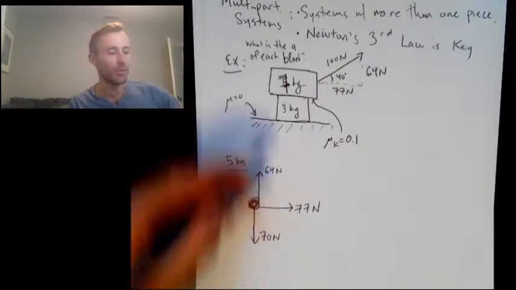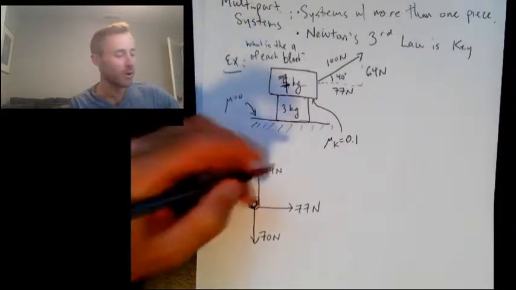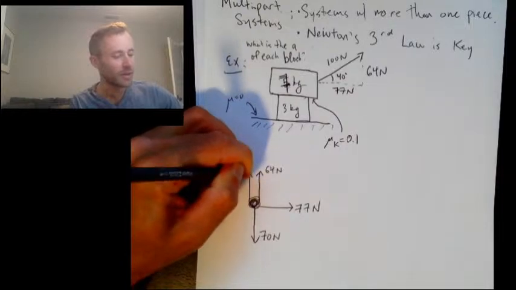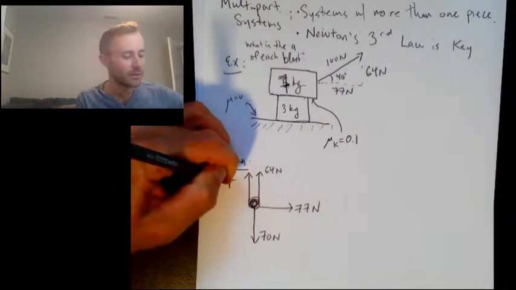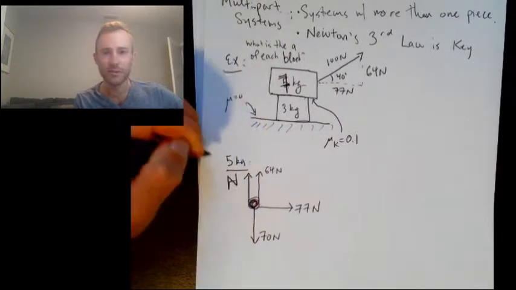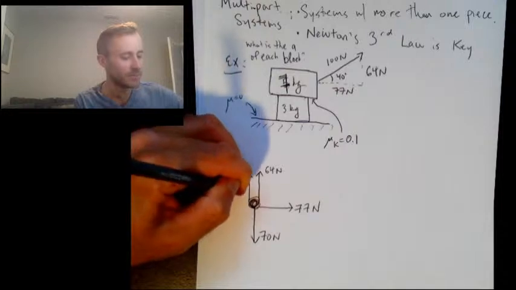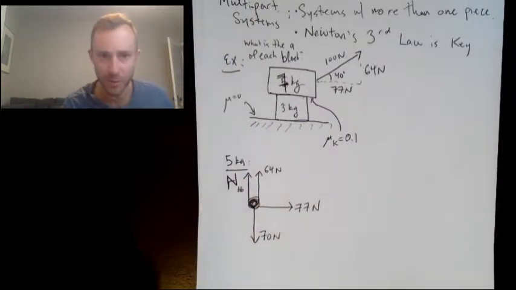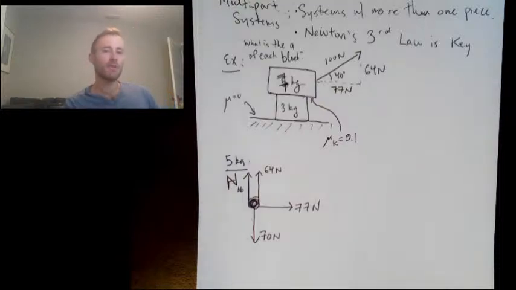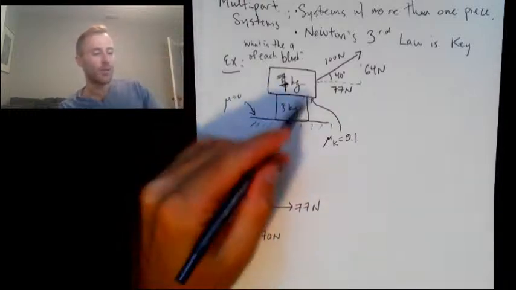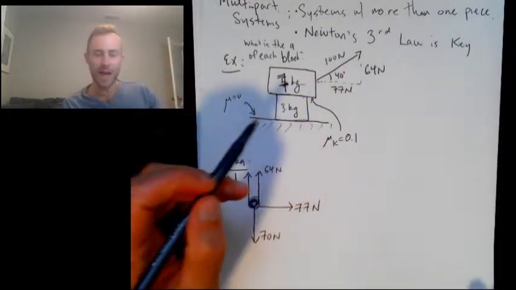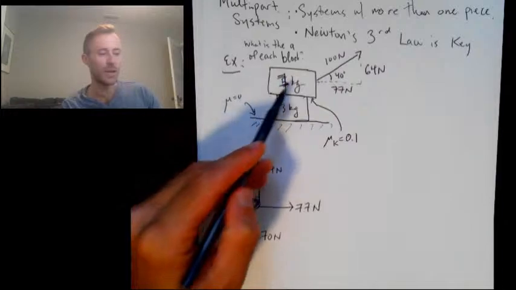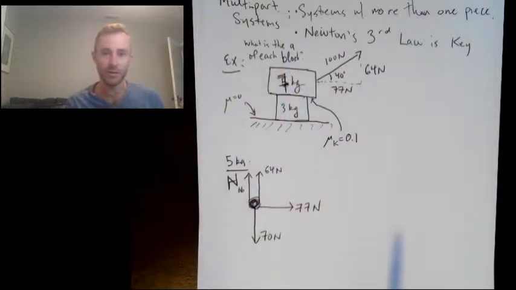We've got a normal force from the 3 kilogram block, and I'm going to call that N sub BB. Why am I calling it NBB? For between the blocks. And then the interblock friction is going to be acting to slow down the 7 kilogram block, right?